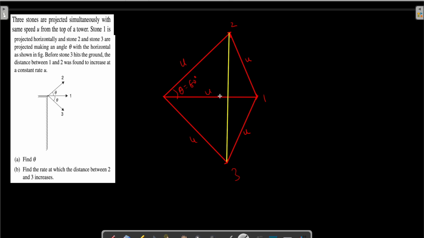How we'll do it? See, this is a parallelogram. Leave parallelogram. We'll use simple trigonometry. We have this thing perpendicular, this thing perpendicular. This is u and this is 60 degree. So this must be u sine.